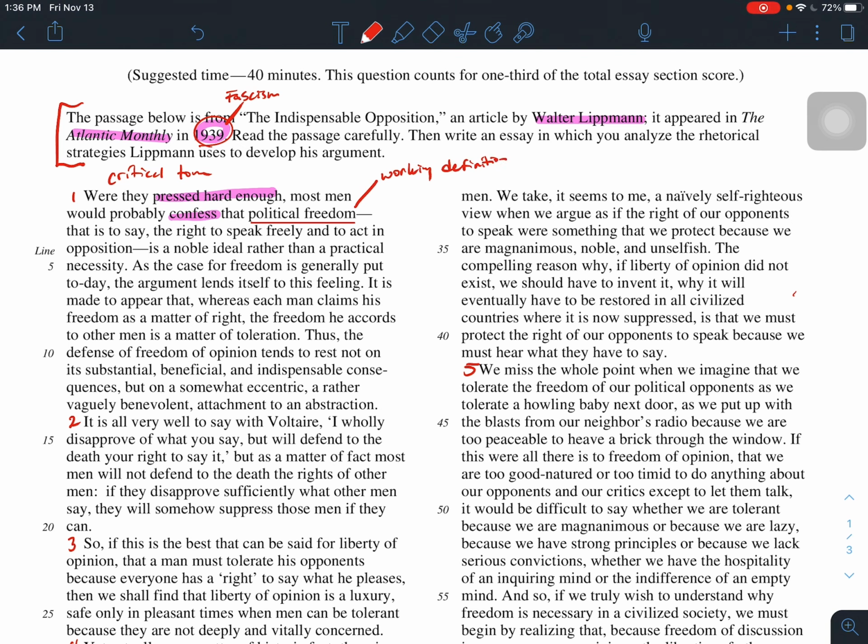This is important because now he has defined the parameters of his argument by giving a working definition of this idea of political freedom. It is no longer an abstraction, right? Because he's defined it there.